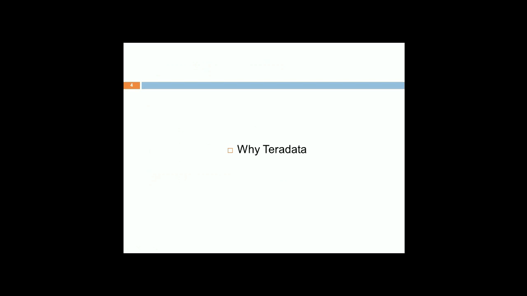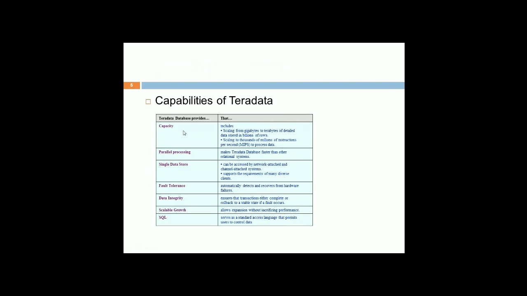Now the next question comes, why do we go for Teradata when we have a lot of other databases in the market? Some of the capabilities: first one is around the capacity, as I was telling you. Teradata handles data in terms of gigabytes and terabytes, and it can process all of that data at a very fast pace because of the parallelism aspect.